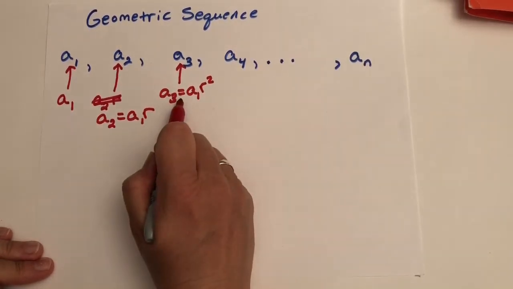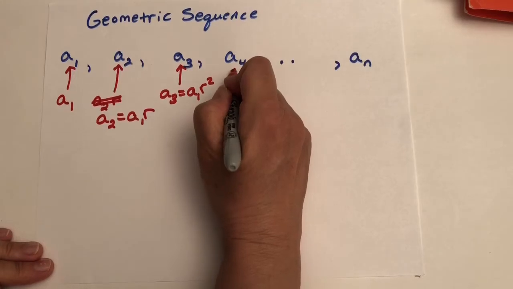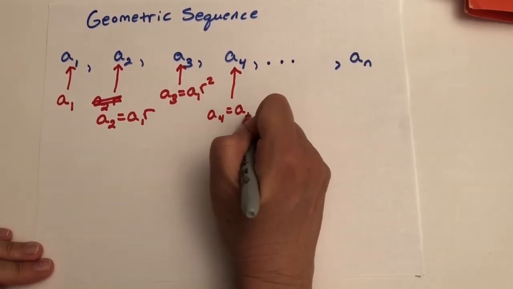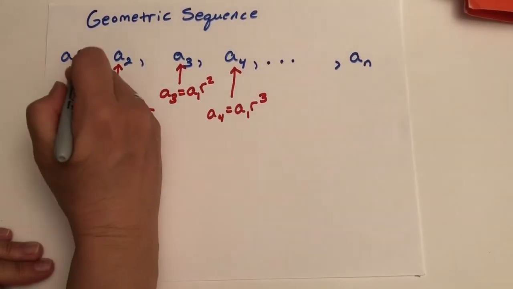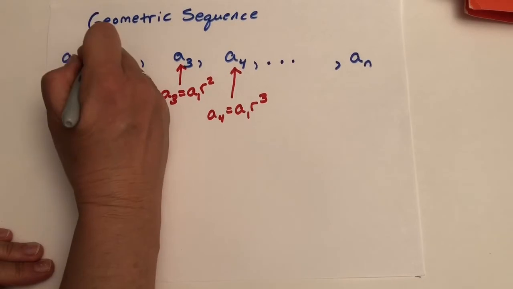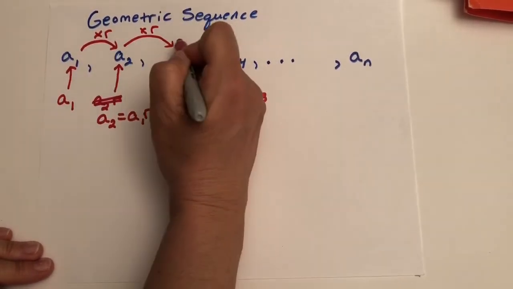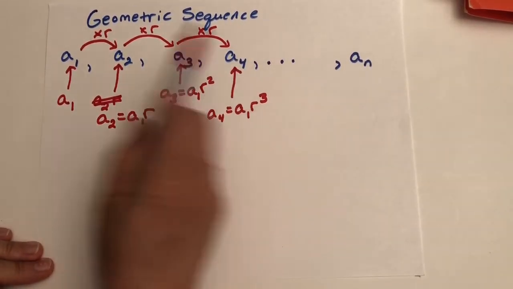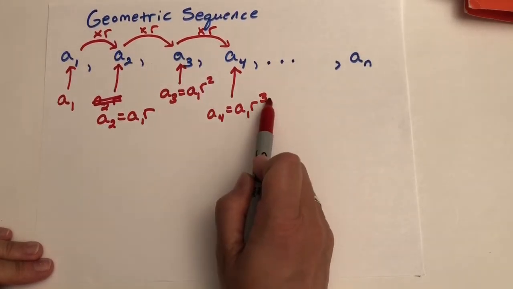Similarly, take that term and multiply it by r again, and we would have the fourth term is a sub 1 times r cubed. You can see it: I can just multiply by r here, times r, times r, times r. So to get to this fourth term from the first term, we would multiply by r cubed.